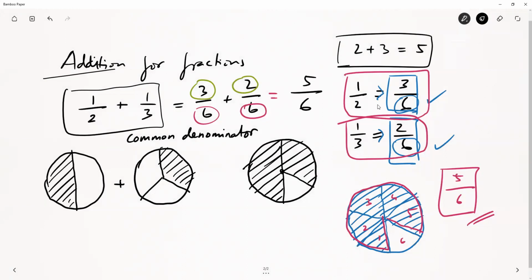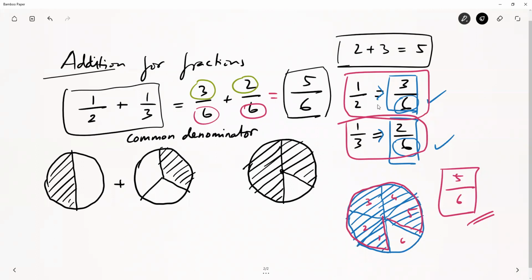Of course, when they look at this example, the kids will ask, why with the numerators do we add the numbers, in this case 3 plus 2 we get 5, but with the denominators we do not add them? You see, in this case 6 and 6 also becomes 6.